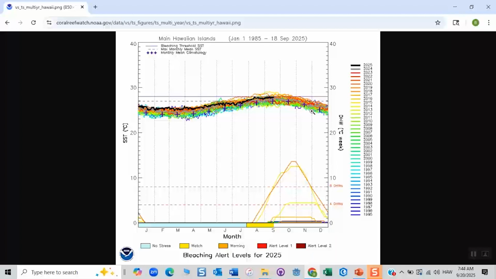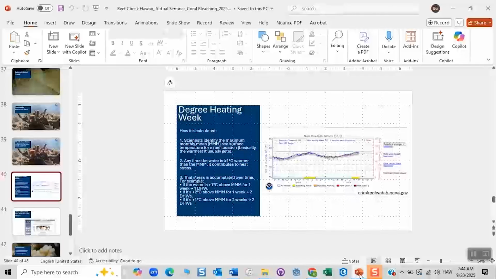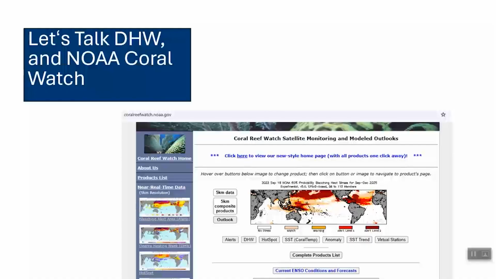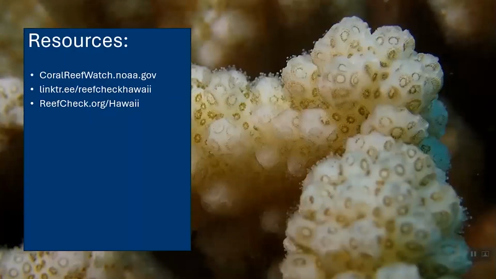The other thing I want to mention as we get back to the presentation is sea surface temperature. That model is just capturing the sea surface temperature. As we all know, coral lives below the surface, on the benthic seafloor, and sometimes the temperature on the bottom isn't the same.